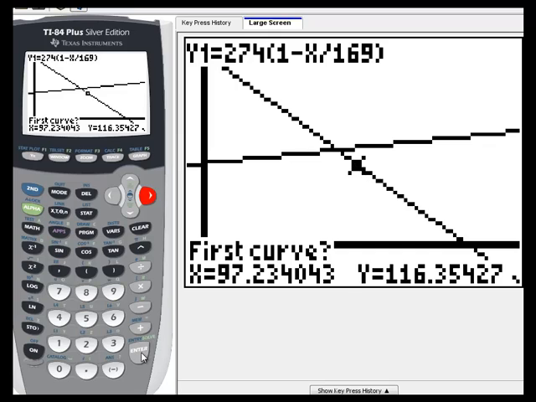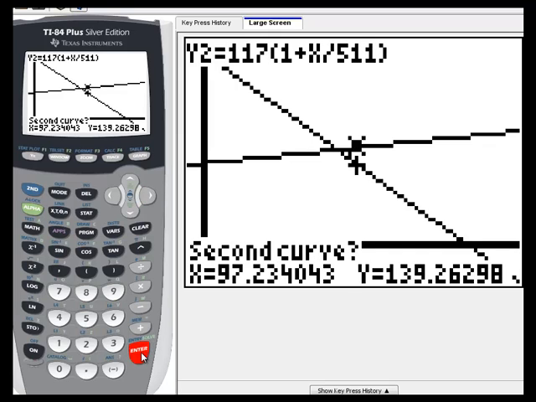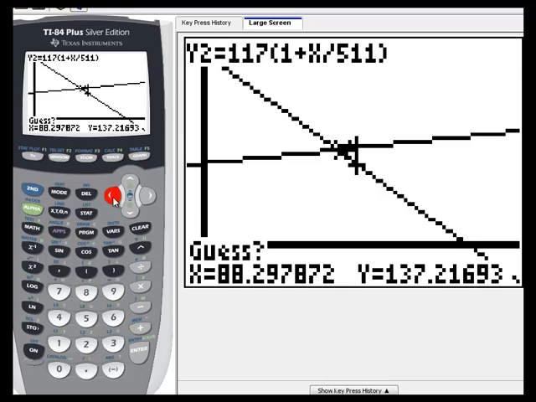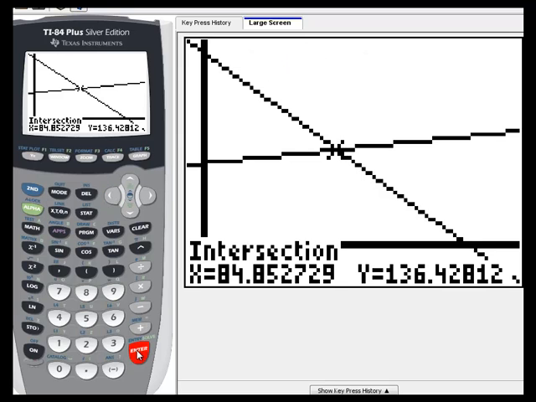We can say yes by pushing enter. Is that our second curve? Yes, it is. We can go enter. Guess. Now here's where maybe we navigate over a little bit to get right where the intersection appears to be, and then enter. Alright, we have this point here, x and y coordinates provided.